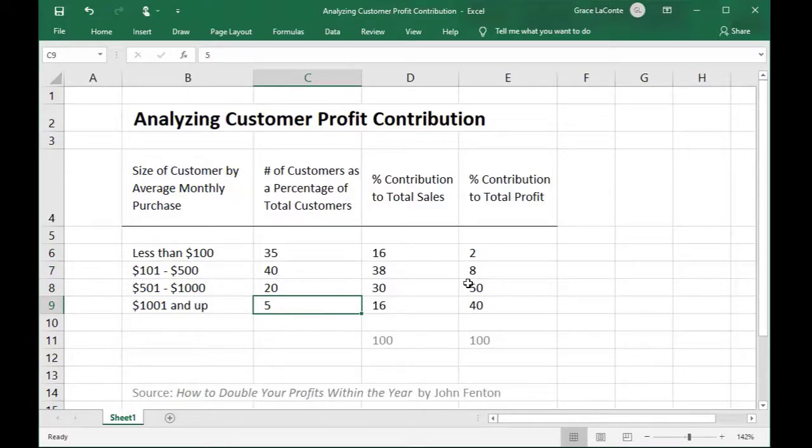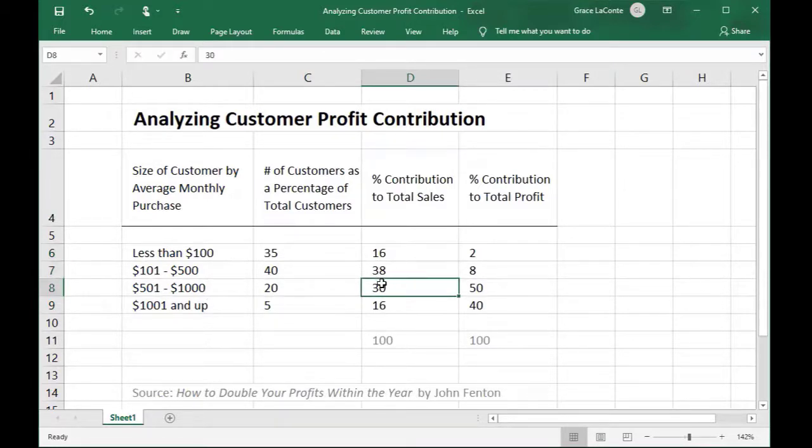So the next thing we do is look at the percentage contribution to total sales. So how many of these purchases are distributed among the total sales, the revenue. So 16% of sales are from purchases of less than $100. 38% of our sales are coming from purchases of $101 to $500. 30% are coming from $501 to $1,000.